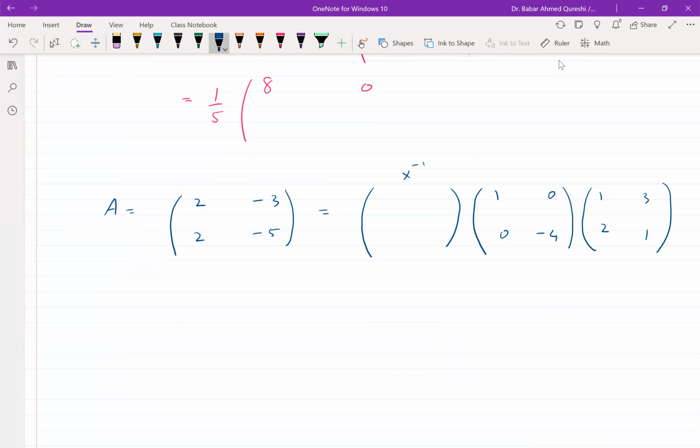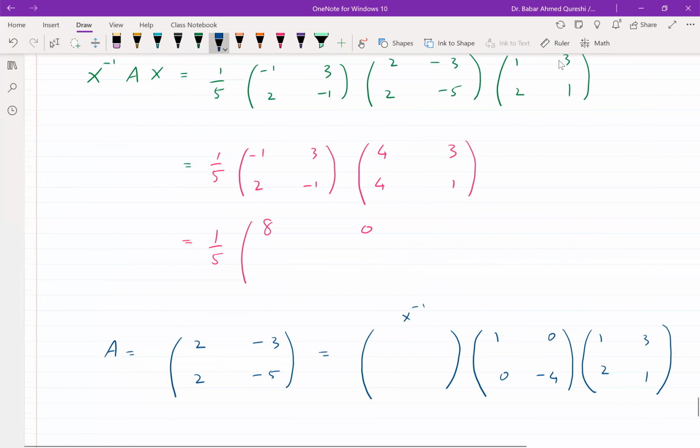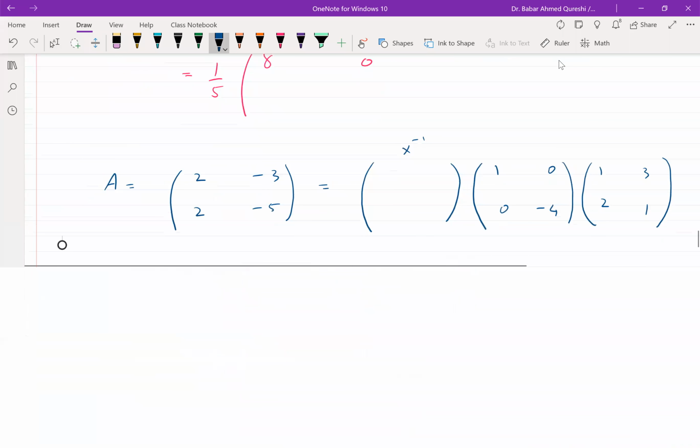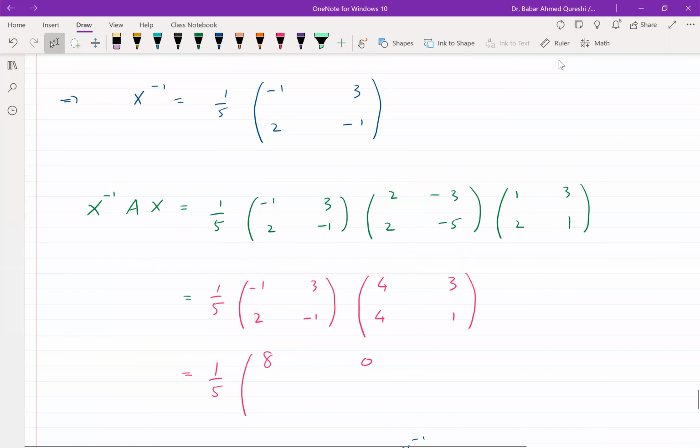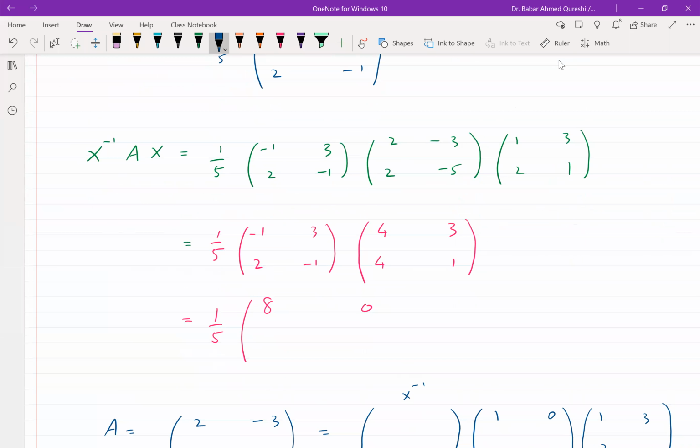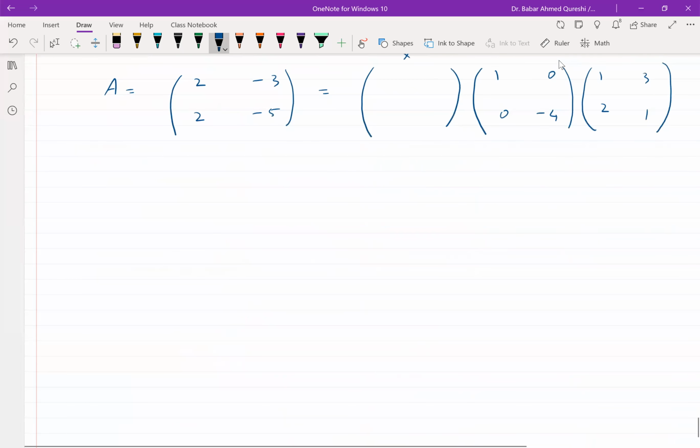Let me try this. Let's put, because see, we get it this way. Ax is xd, so I should be having A equal to xd x inverse. Let's try this.